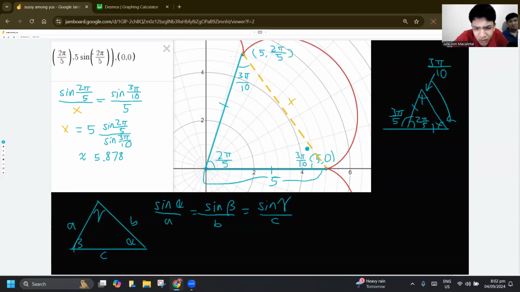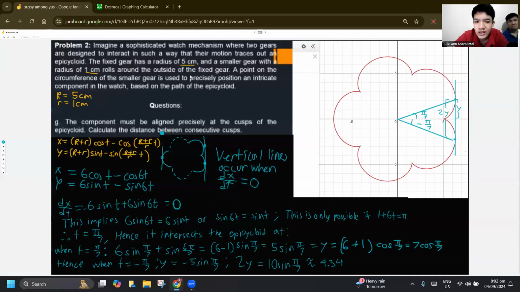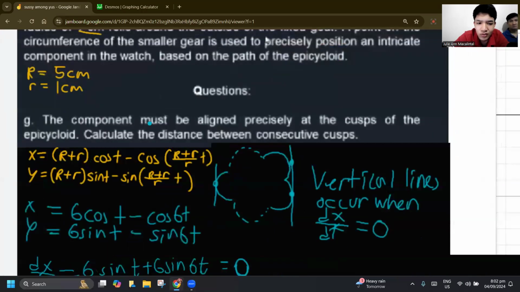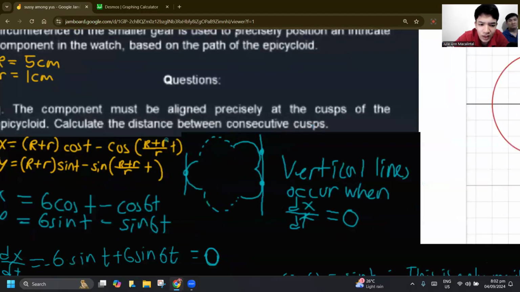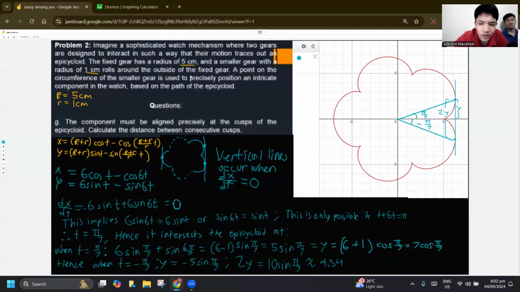Yes, so it makes sense. It's less than 6 units, so it's probably correct. So these are the two solutions. Actually, in the problem there is no single word that says outside or inside the epicycloid. It just says the distance between the consecutive cusps. So there are two solutions probably.